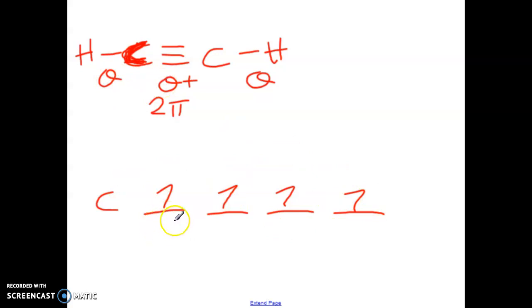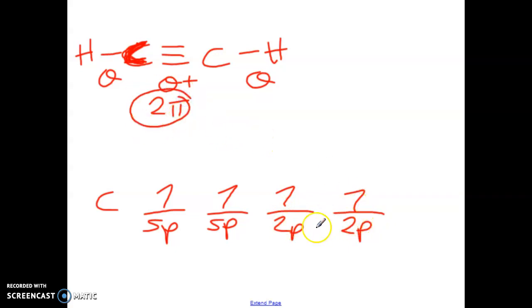So instead of being sp3, it's actually going to be sp because we're only hybridizing 2 orbitals. The other orbitals are going to be regular p orbitals because we need those regular ones in order to create those pi bonds. Remember, you cannot make a pi bond with a hybrid orbital.